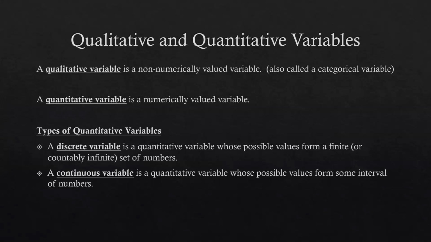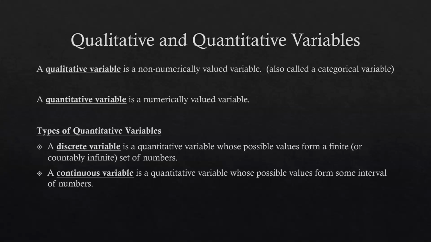We have qualitative variables, which are also called categorical variables, but these are non-numerically valued. Quantitative variables are numerically valued. Now that should kind of make sense because if you quantitate something, it's usually numerically associated.